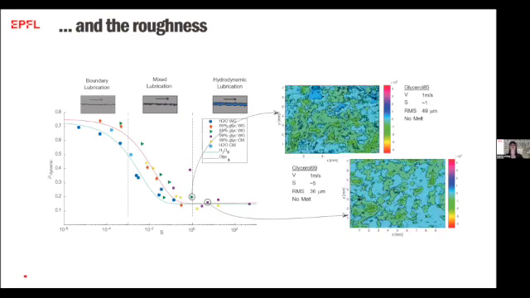If we do the same under fully lubricated condition, what we can see is that the RMS is about 36 micrometers. And this is exactly the same as what we had at the beginning of the experiments, meaning that the asperities have not been affected by deformation, and this is because the load was fully supported by the fluid and not by the solid contact.